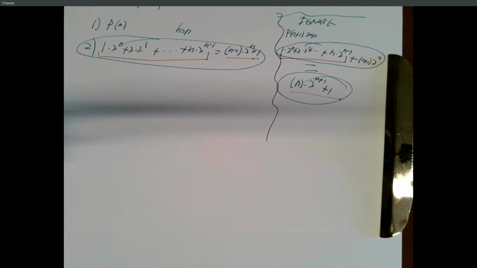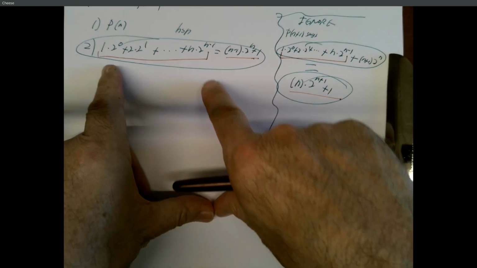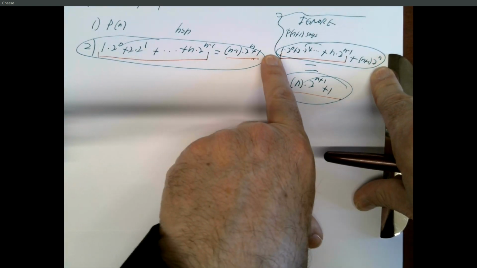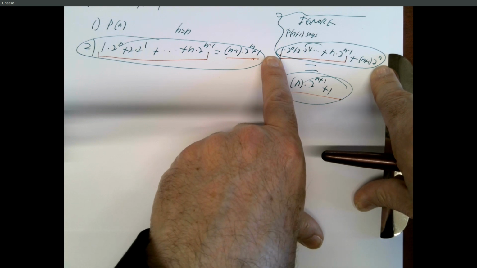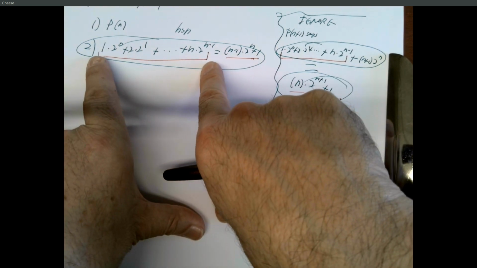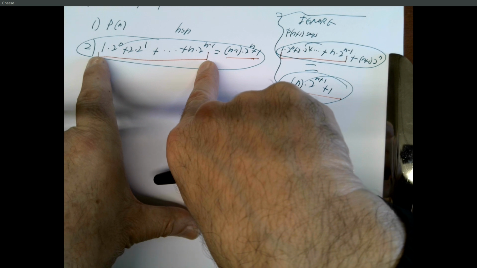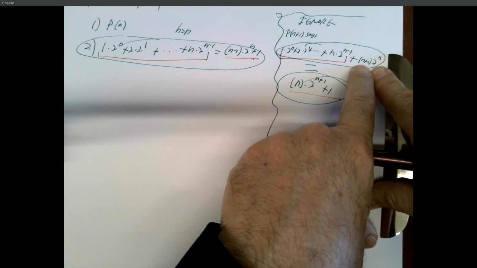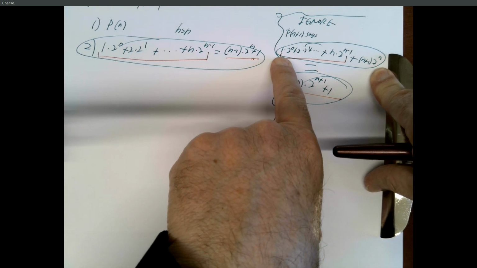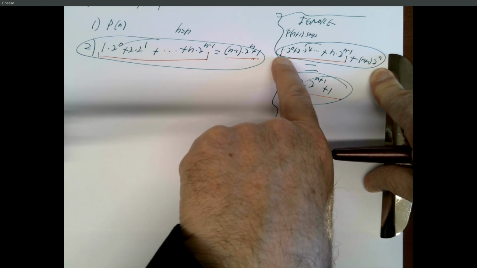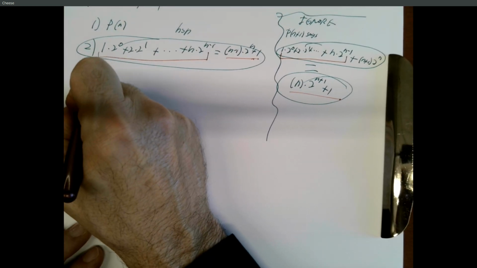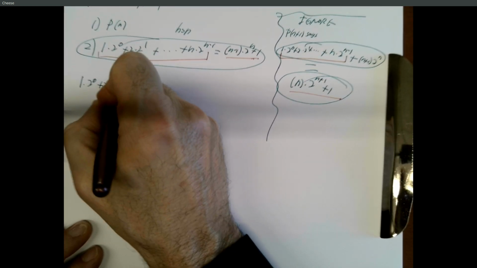And for this type of problem, this expression on the left that we already know something about almost looks like this expression on the left. In fact, if we take this expression on the left of proposition 2 and we add one thing to it, n plus 1 times 2 to the n, we've got the left side of P of n plus 1. So an idea is to rewrite this.